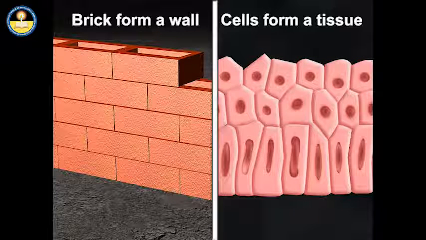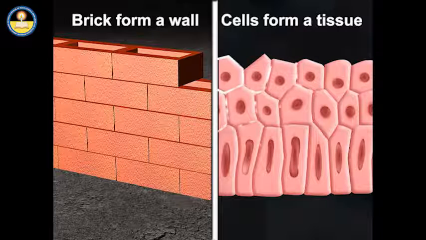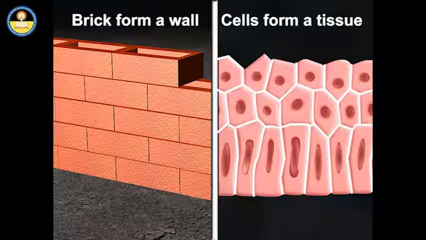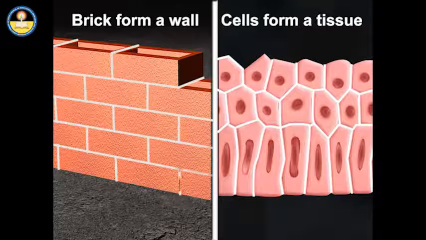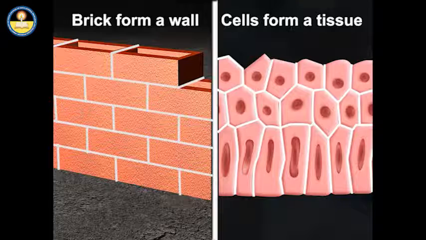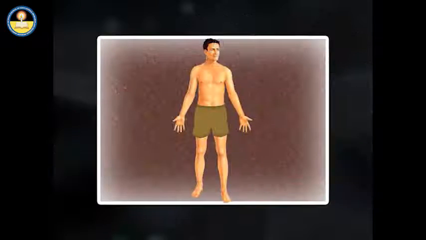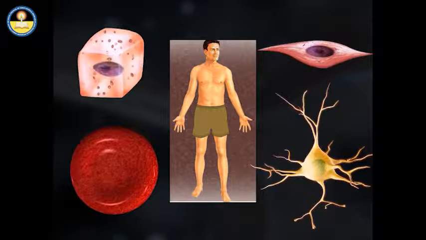A non-living material called the intercellular matrix fills the spaces between the cells, and to keep the bricks together, some adhesive material is used.